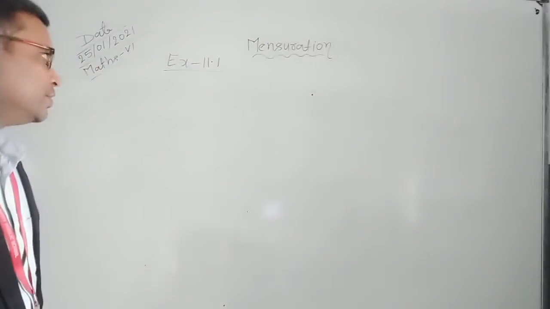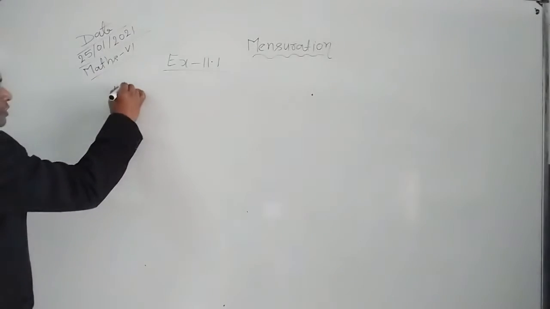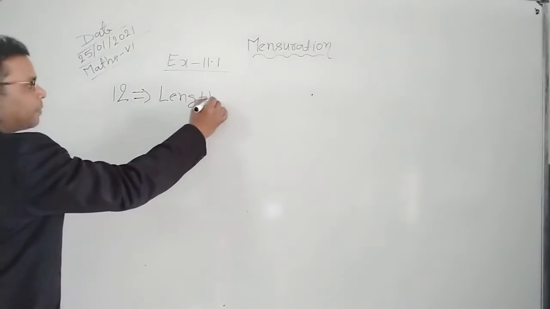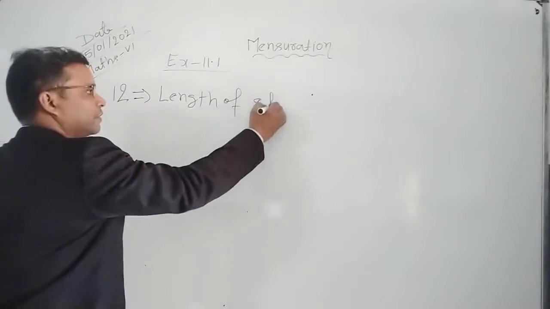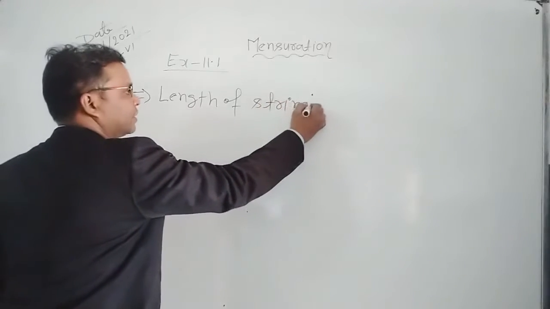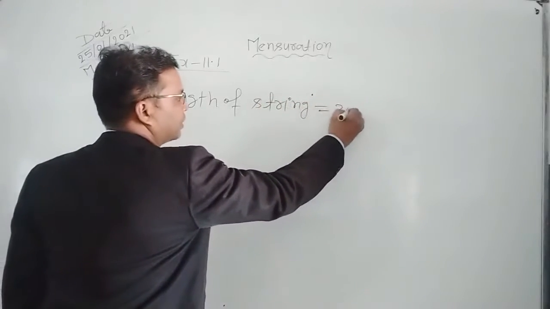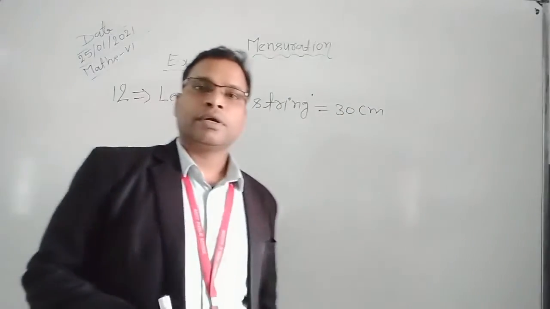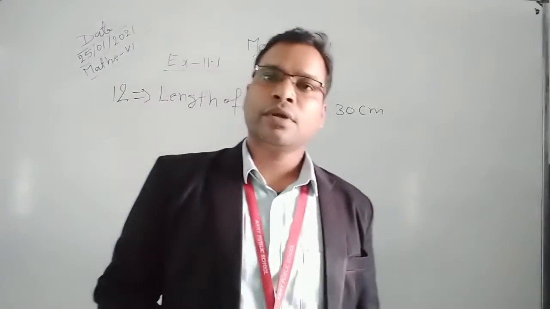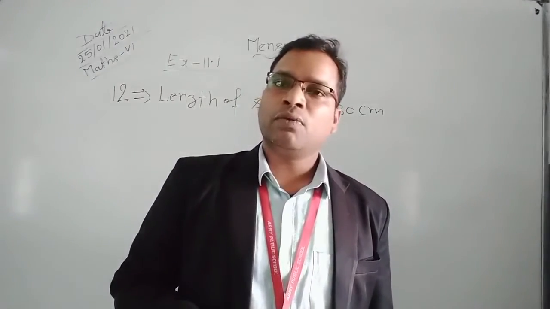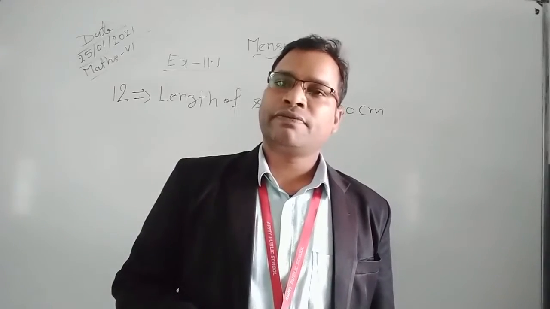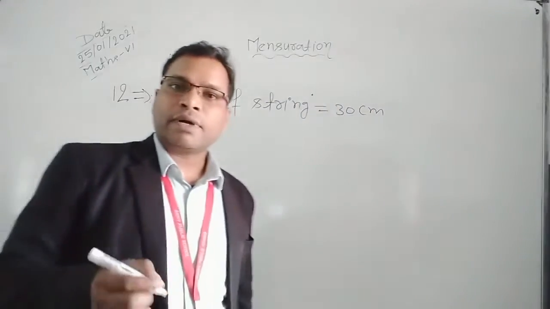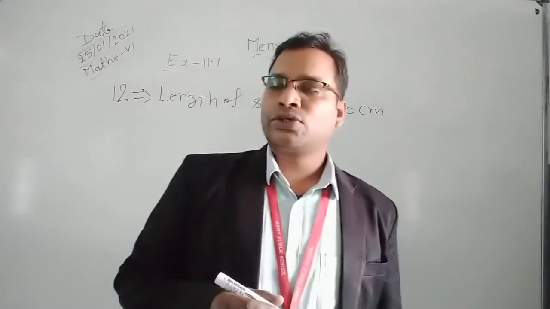Okay, now this is question number 12. Here you write a length of string. Length of string is equal to 30 centimeter. Okay, so by this string, first we found a square.